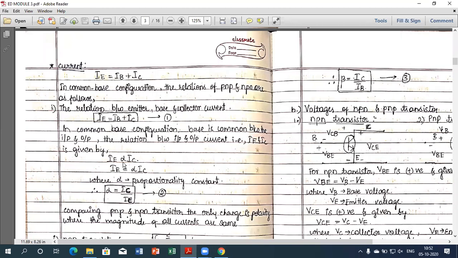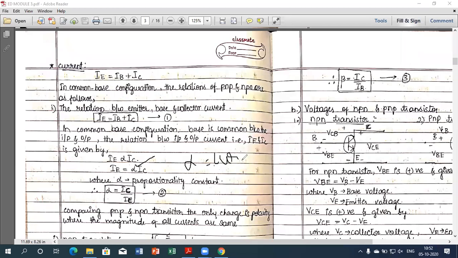So if I remove the proportionality, we get IE equals alpha into IC. This term is nothing but alpha. We call alpha the current gain in common base configuration.